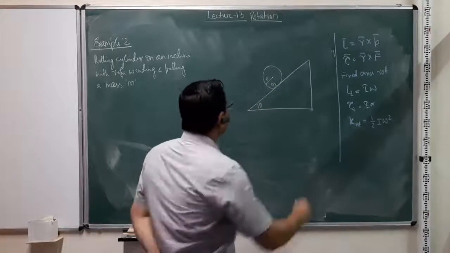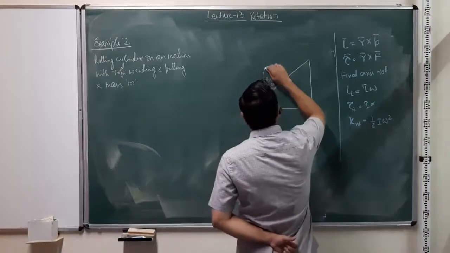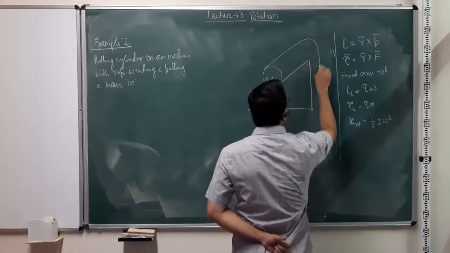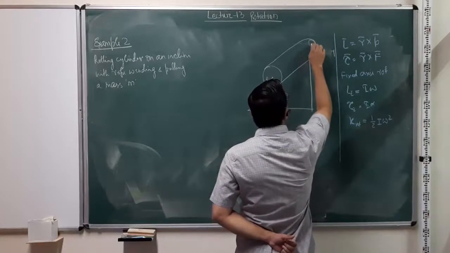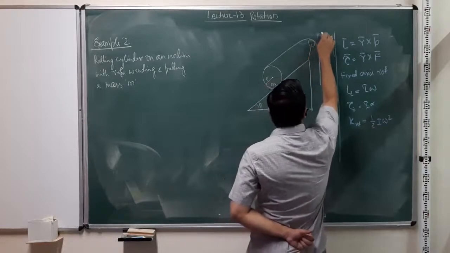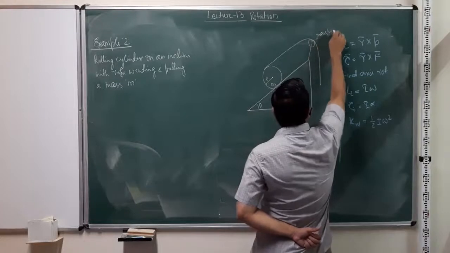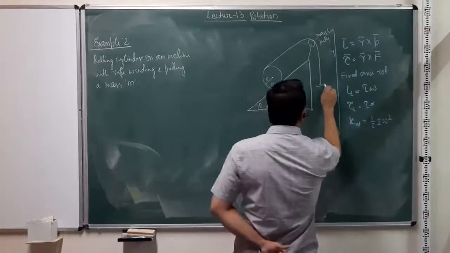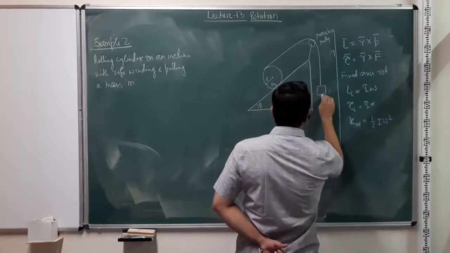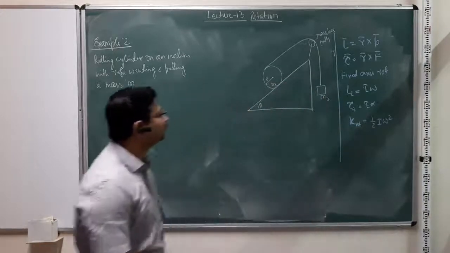And now we have a rope going over this. The rope is then connected to a massless pulley in this case, and there's a mass, let's call it m2, attached to this one.